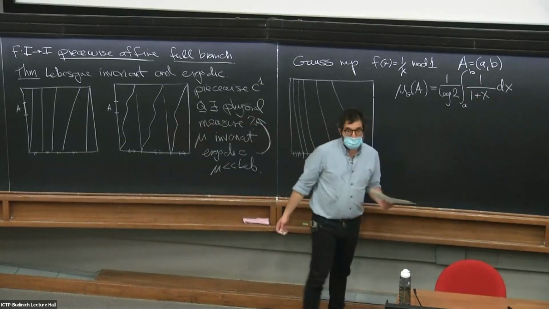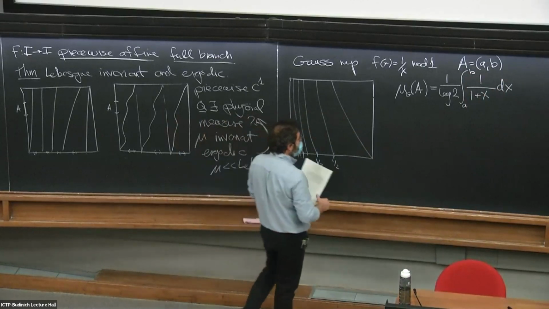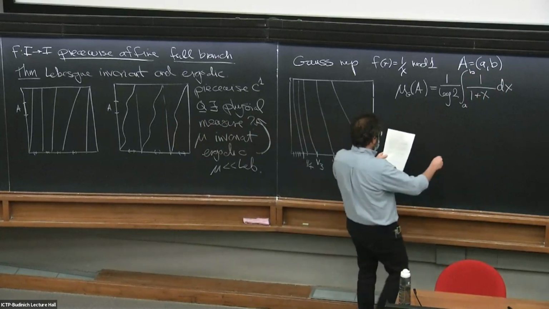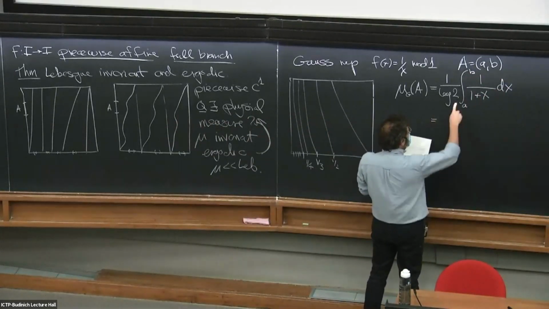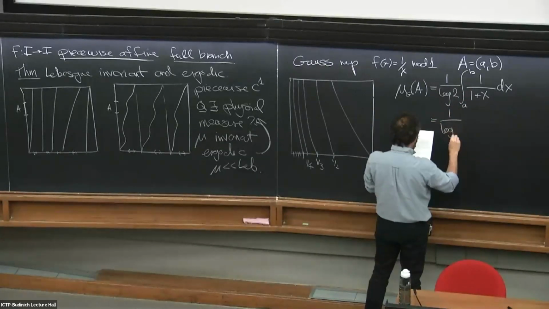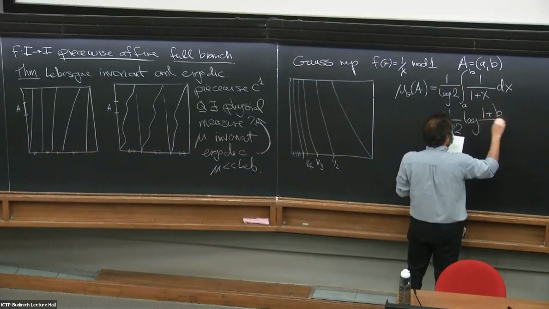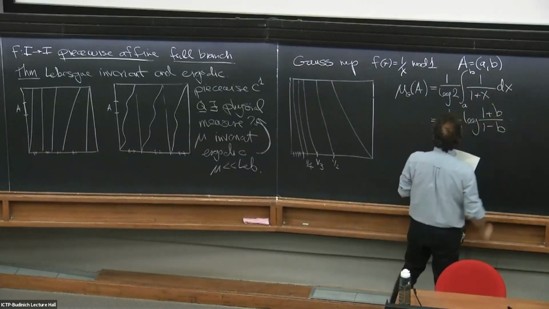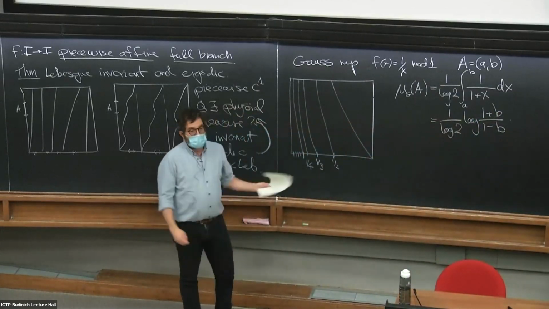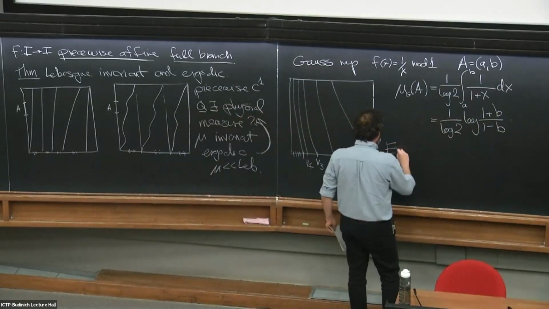I'm not going to discuss how this was found; Gauss found that this measure is invariant for the Gauss map. Because of the logarithms, this is actually written explicitly as 1/log2 times log of 1 + b over 1 - b. So this is a probability measure, and I will leave it as an exercise to show that it's invariant.